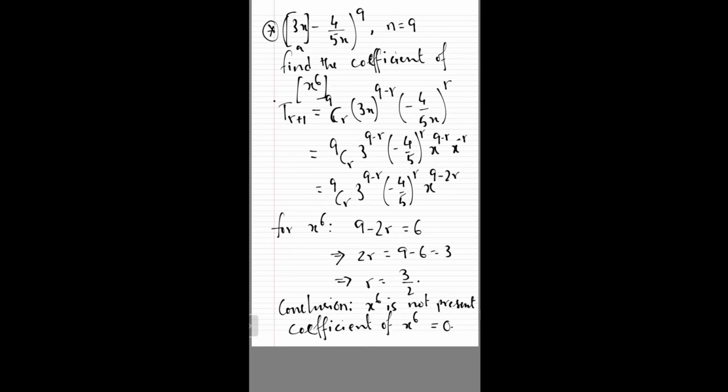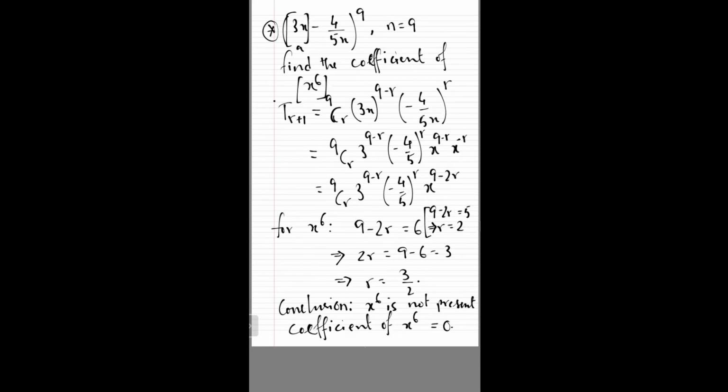Suppose instead of x to the power 6, we are finding the coefficient of x to the power 5, then we will be getting some value of r as an integer. Taking this one here, we are getting r is equal to 2.